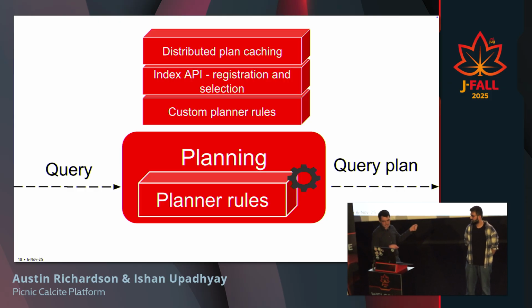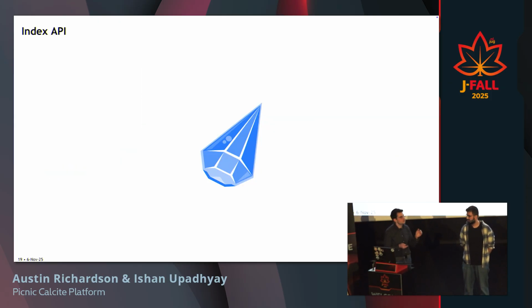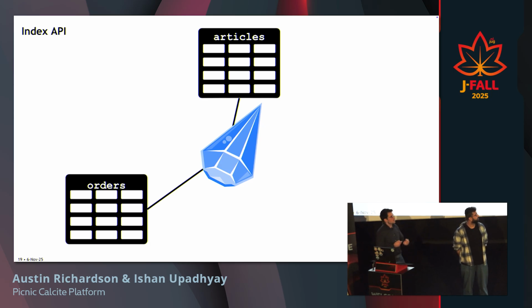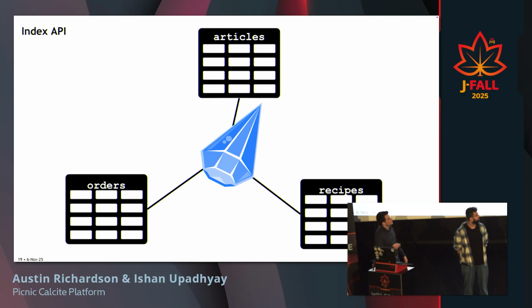For an intro to the index API, we first need to look a bit at how Calcite works in terms of tables. As we mentioned, Calcite supports registering virtual tables in a schema. If we think about the use case of Picnic, an online supermarket, we might have something like the articles we sell, the orders that people have placed, maybe the recipes that we have, and so on.